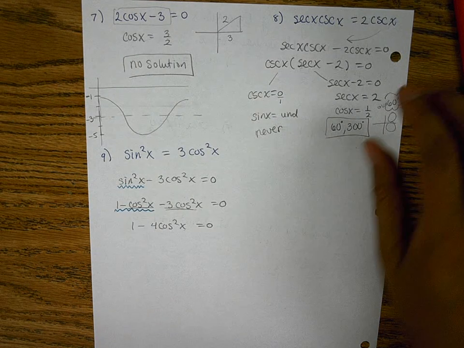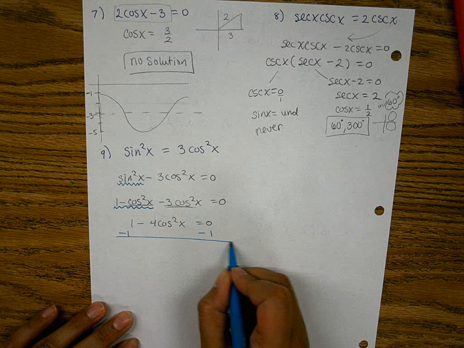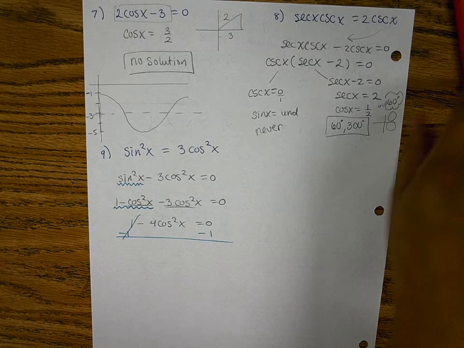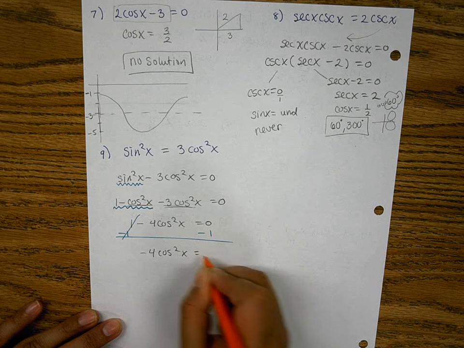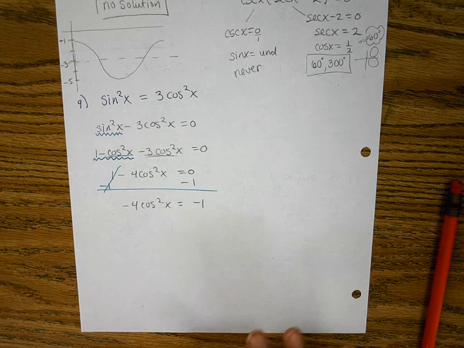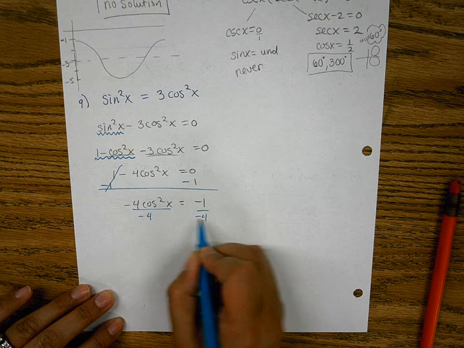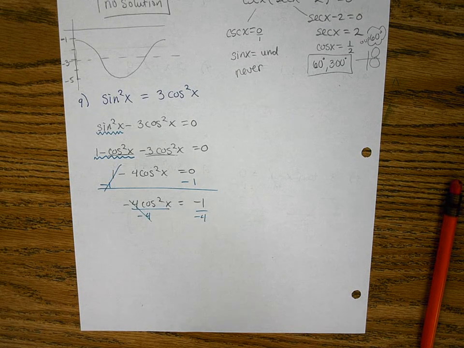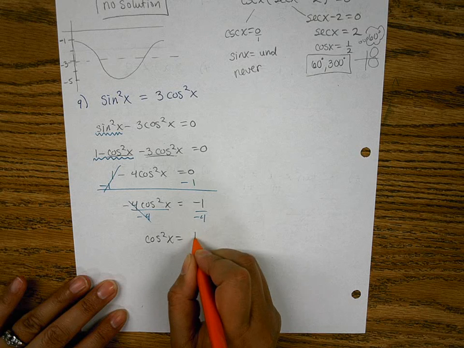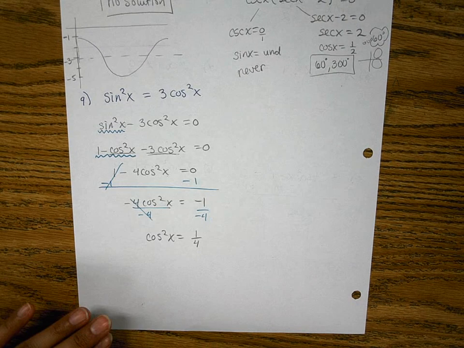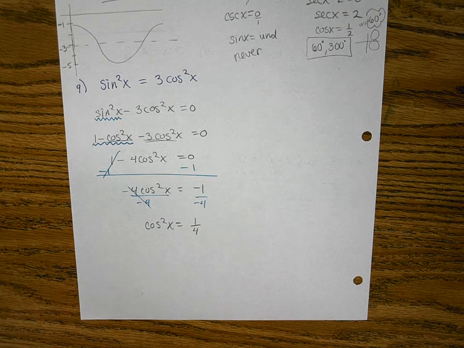Now that it's down to just one trig function, cosine, I can isolate it by subtracting the 1 over, leaving me with negative 4 cosine squared x equaling negative 1, and then dividing by negative 4. Cosine squared x equals positive 1/4, because the negatives cancel out.